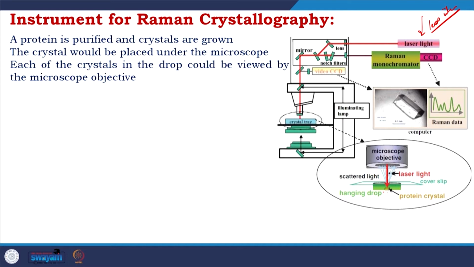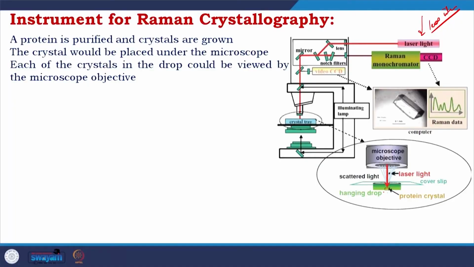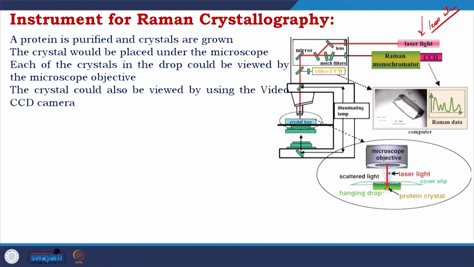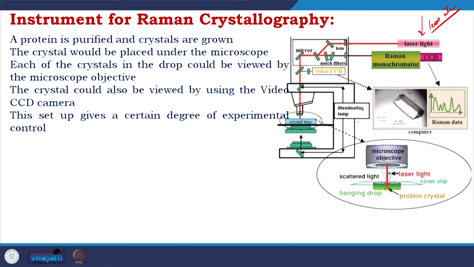Each of the crystals in the drop could be viewed by the microscope objective. To make it better, you could put only a single crystal, which gives even more experimental control. The crystal could also be viewed using the video CCD camera, as shown here. This setup gives a certain degree of experimental control.